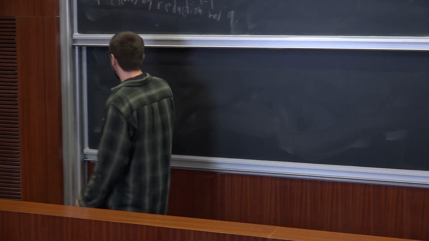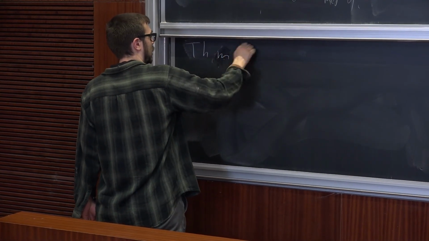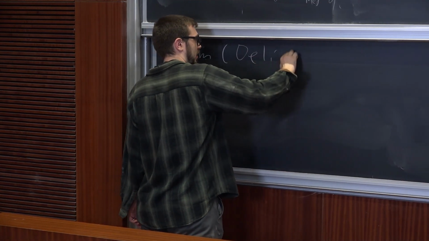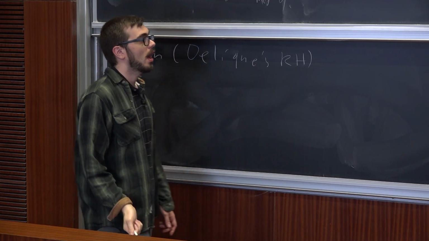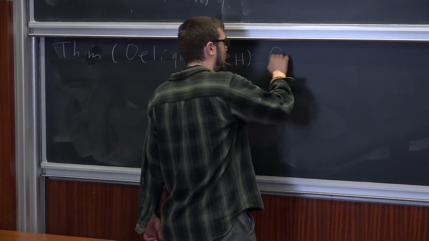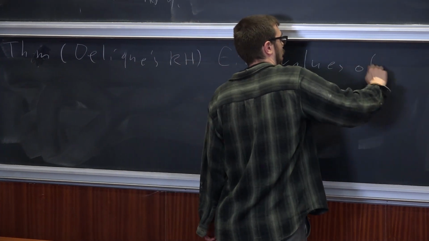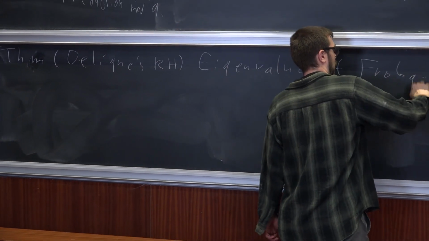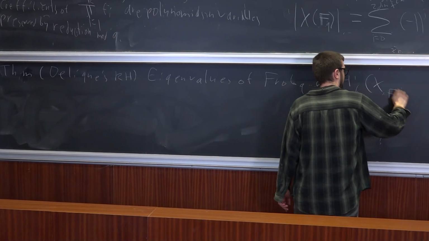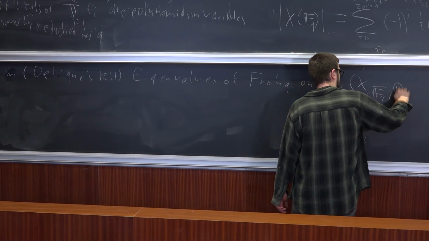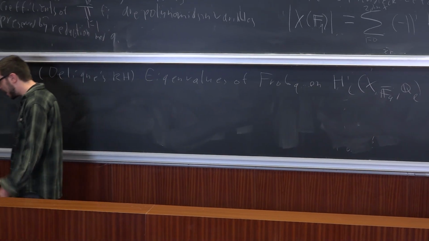So the other theorem that we need very crucially is Deligne's Riemann hypothesis, which states that the eigenvalues of Frobenius q acting on H^i_c of X over F_q bar with Q_l coefficients, a vector space over the l-adic numbers.